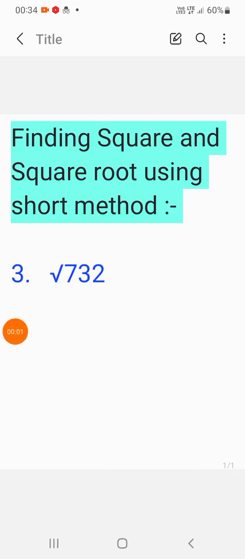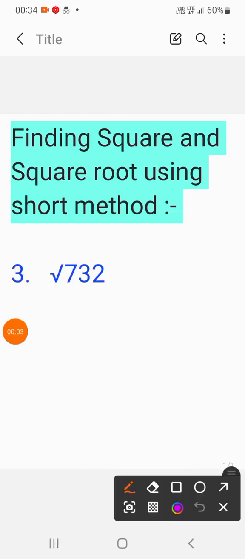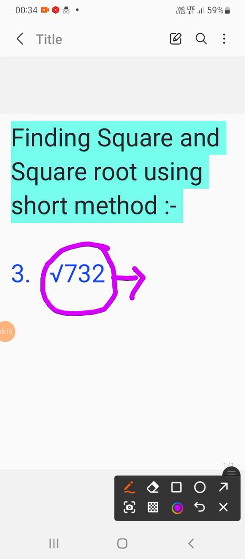In this question, we have to find the under root. So first of all, while finding the under root, we have to find a number which is a perfect square closer to this number. So the closer number which is a perfect square to this number is under root 729, which is the under root of 27.